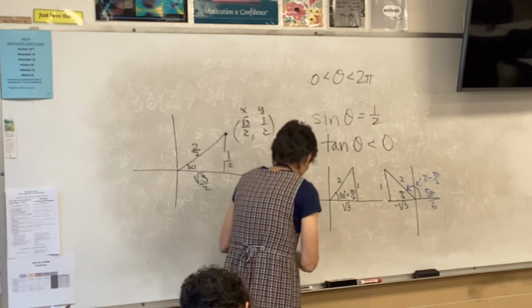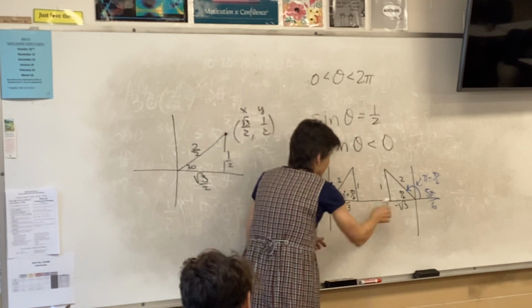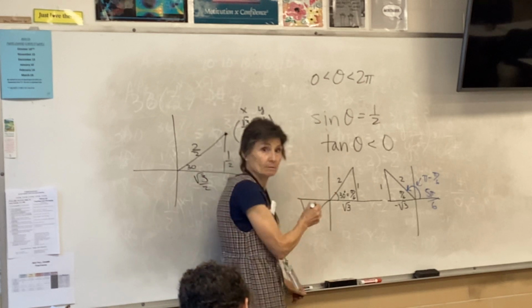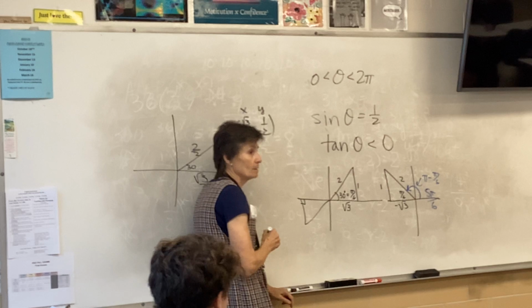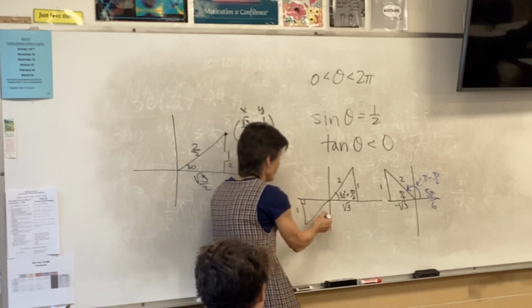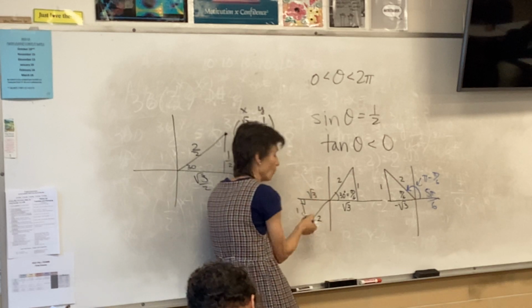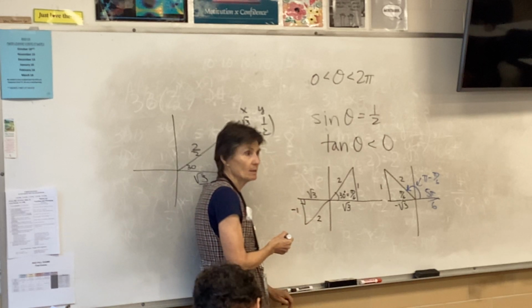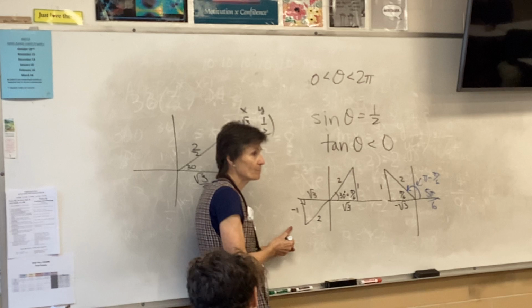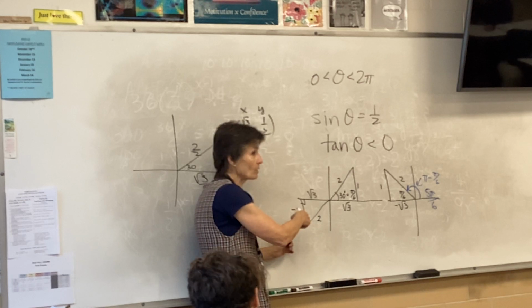Could I have built this triangle down here in quadrant 3? Now, the sine is 1/2, oh wait a minute, would the sine be 1/2 down there in quadrant 3? No, it would have to be negative 1/2, so that won't work.